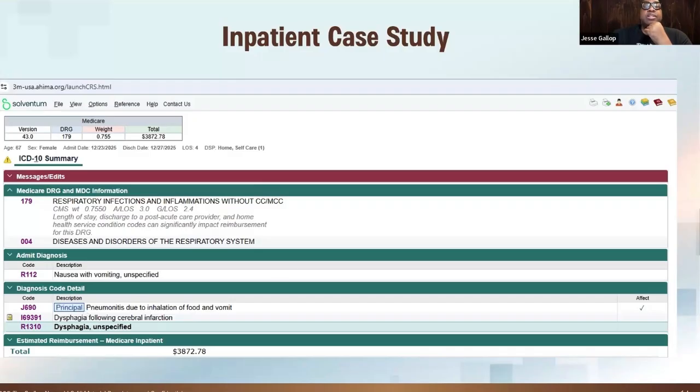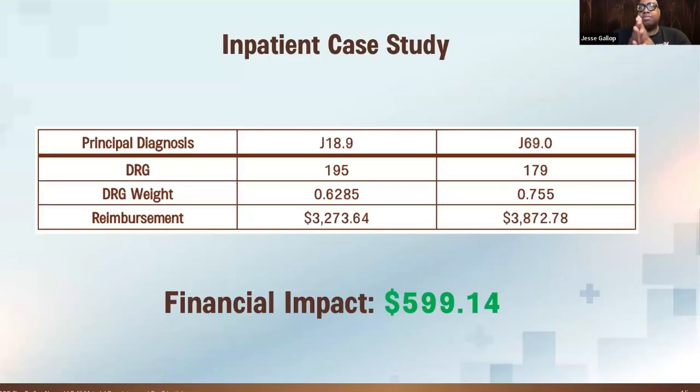So if we look at this, I put a little graphic so you can see it side by side to make it clearer. If you have regular pneumonia, in the middle column, we see the DRG, we see the weight, we see the reimbursement. If we go to the far right, we see the aspiration pneumonia, we see the DRG is different, we see the DRG weight is different, and we see the reimbursement is different.